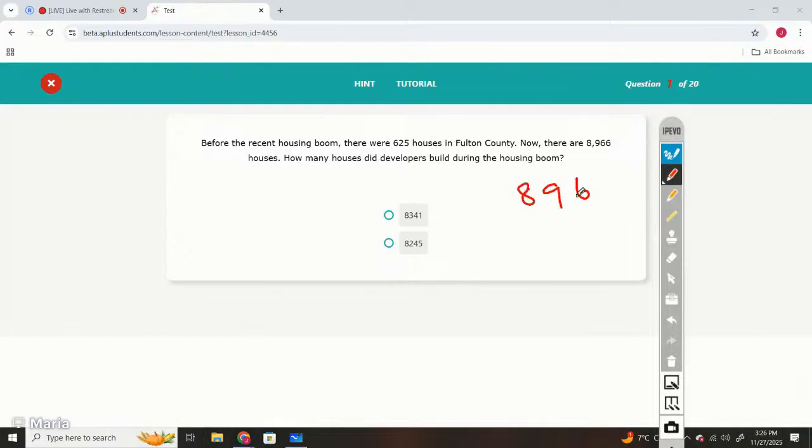So that is 8,966 minus 625. 6 take away 5 is 1. 6 take away 2 is 4. 9 take away 6 is 3 and 8.